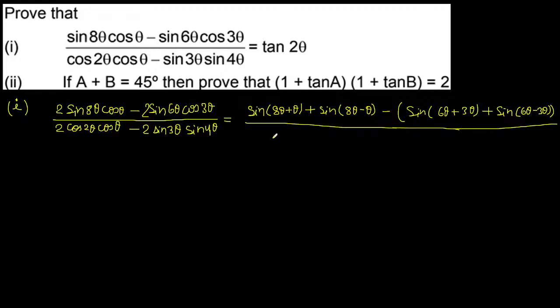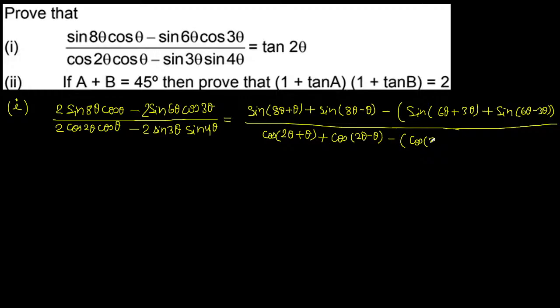Cos C cos D. It is cos 2 theta plus theta plus cos 2 theta minus theta. We have minus of sin C sin D. So if it is sin, there is something in cos.